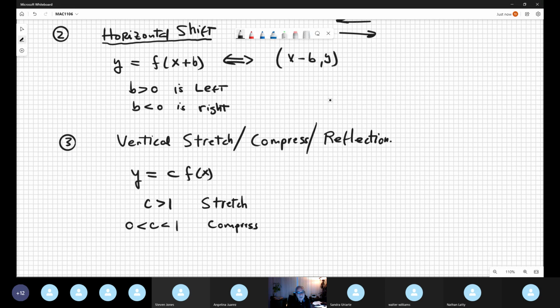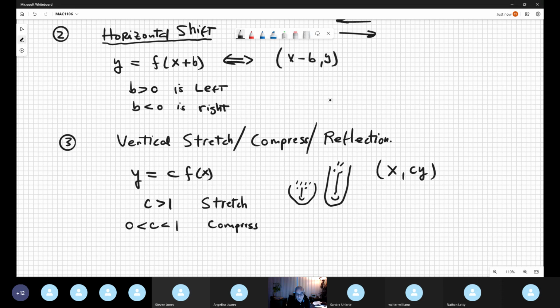The effect is clear. Suppose that this is the happy face. I multiply the happy face by 2, but 2 in the y direction. So the point is x comma cy. You affect y by the factor 2, or the factor 3, or the factor 4. And my happy face now looks like that.